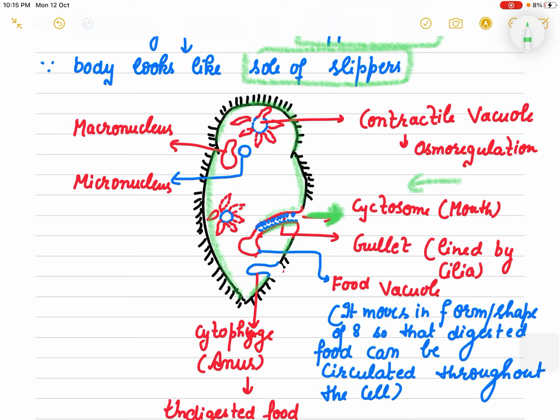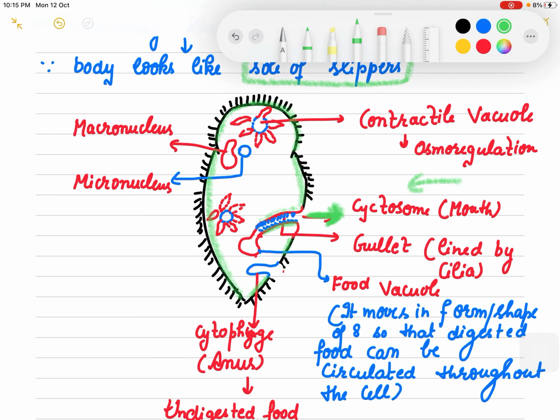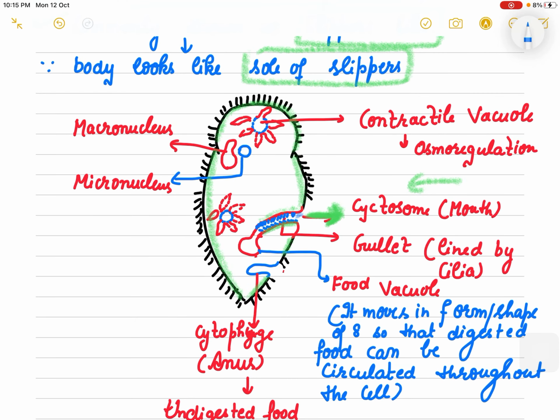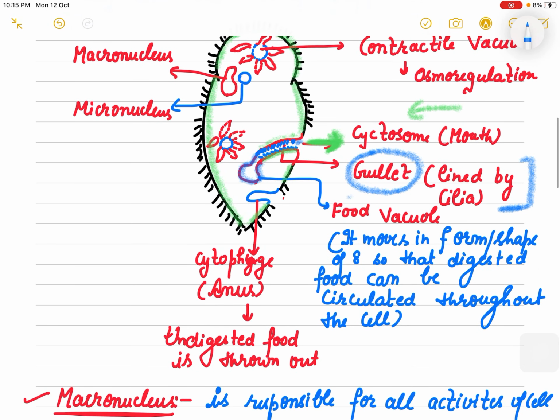Then this inner path is known as the gullet, in which ingestion of food, intake of food, is done, and it is completely lined with cilia. Then at the end there is a vacuole-like structure, which is known as the food vacuole.